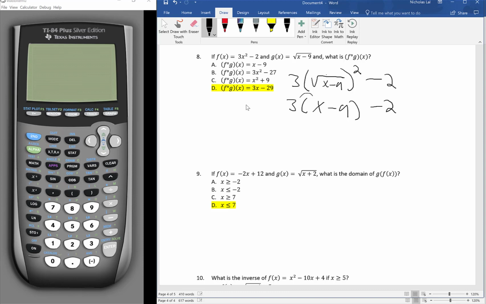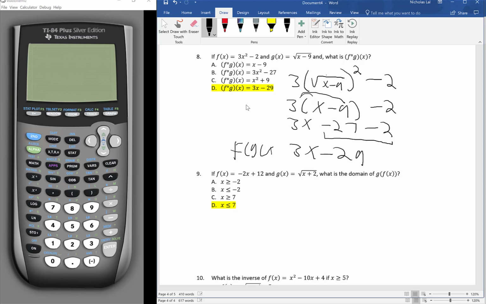Distribute the 3. 3x minus 27 minus 2. And then we can simplify negative 27 minus 2 into 3x minus 29. And so that means that f of g of x is going to be equal to 3x minus 29, which is going to be answer choice D.